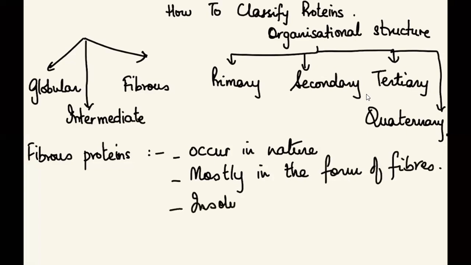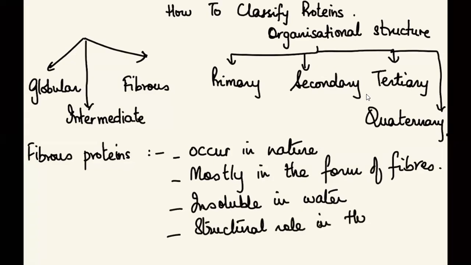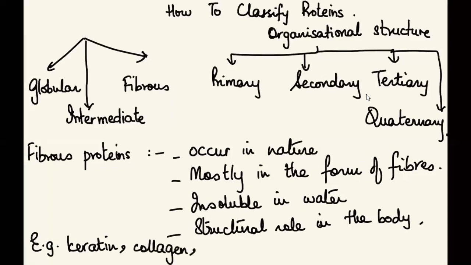Insoluble in water, and they have a structural role in the body. Structural role. The examples of such proteins are, जैसे कि आपके hair और nail में एक protein है जिसका नाम है keratin, right? Similarly, you have a protein inside your tendon which is known as collagen. There is a silk protein जिससे silk बनता है, silkworm बनाता है, वो protein that is known as fibroin, right?